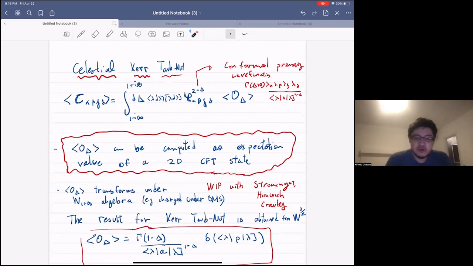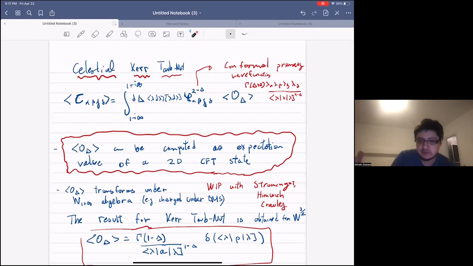Because of this idea of celestial holography, we know that scattering amplitudes can be represented as correlation functions on the celestial sphere. And so, given that there's a relation between classical solutions and scattering amplitudes, it is natural to think that there is a two-dimensional dual of this classical solution. And in fact, that's exactly what I'm going to show very briefly.